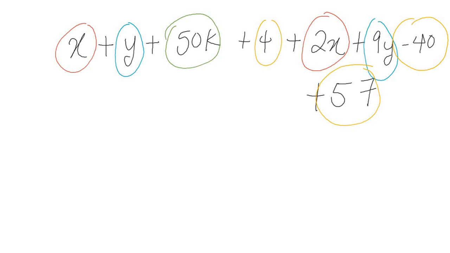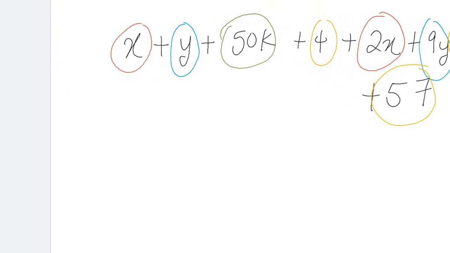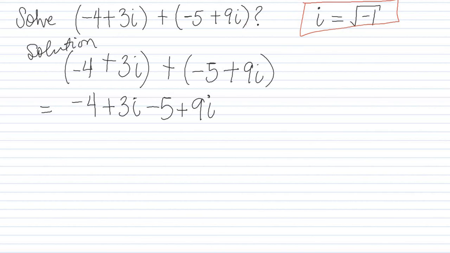So that same way of thinking is what it's good for you to do whenever you're adding imaginary numbers. So you're going to group -4 and -5 together, and then you're going to group 3i and 9i together.